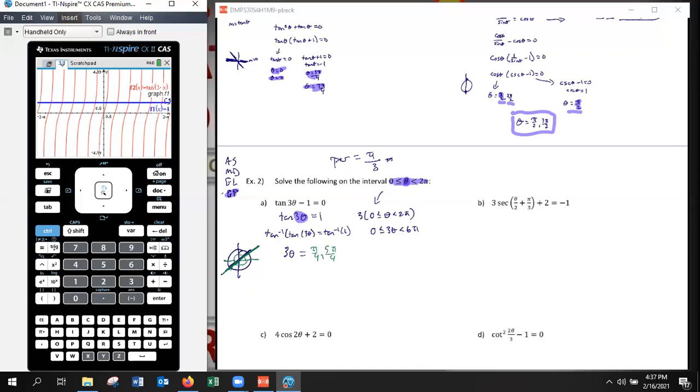But because it's 3 theta, we have to go around again. So if you think about it, 5 pi over 4, 7 pi over 4, 9 pi over 4 will be this solution. And that would be our quadrant 5, if you will, as we keep going around the unit circle. So that would be 13 pi over 4. And we have to go around one more time, because it's 3 theta, not just theta.